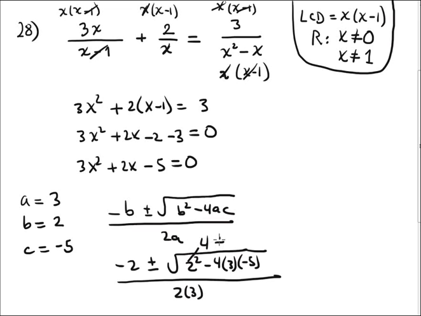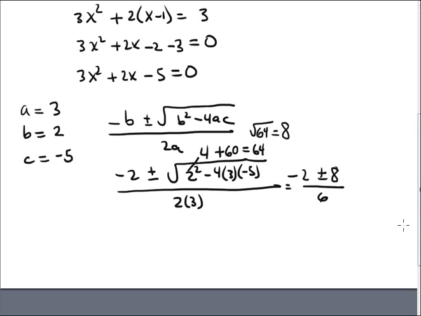This is 4, minus times minus is plus, 12 times 5 is 60. It's 64, and the square root of 64 is 8. This is minus 2 plus or minus 8 over 6.